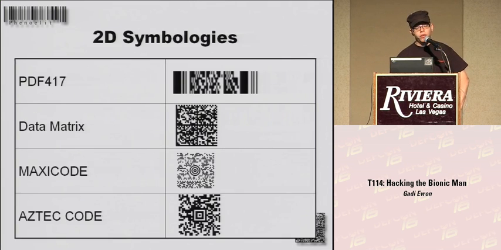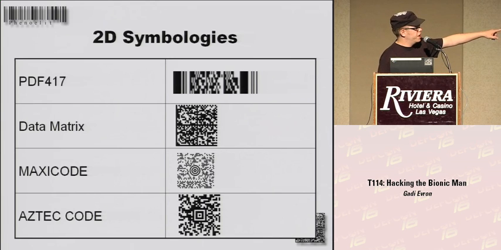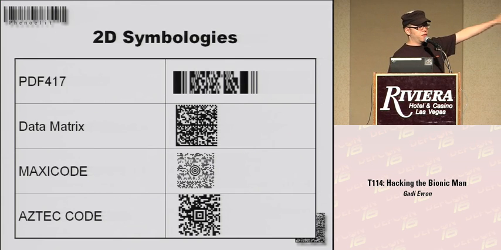And then we have two-dimensional barcodes. Now, if you look at this graphic and then you look at your badge, who can tell me what type of barcode you have on your badge? Data Matrix, that is right. And you will probably notice that this Data Matrix here looks a bit different. It actually has a cross in the middle. This is because you can cluster them. So you can actually extend the amount of information that goes into a Data Matrix code.